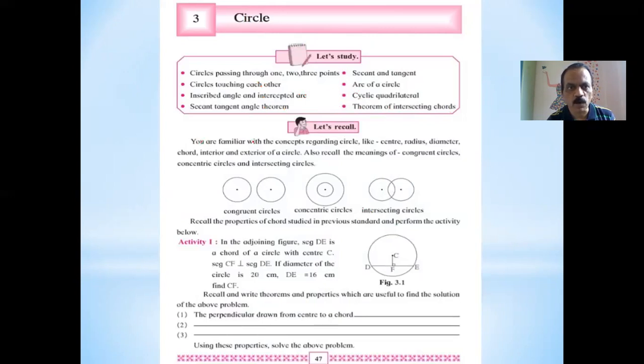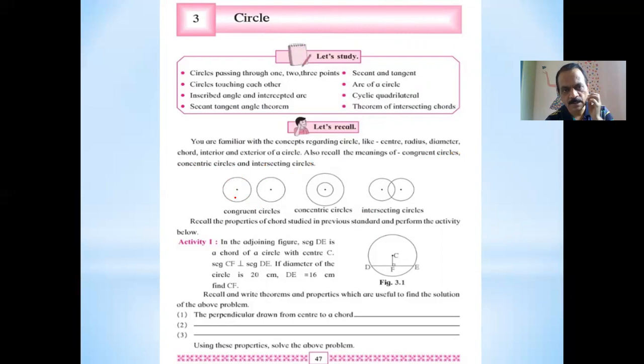These are the concepts studied in the chapter Circle. Now let us recall the familiar types of circles we draw in a plane. Also recall the congruent circle. What is the meaning of a congruent circle? Look here, congruent circles, and next are concentric circles and intersecting circles. Here is one figure.